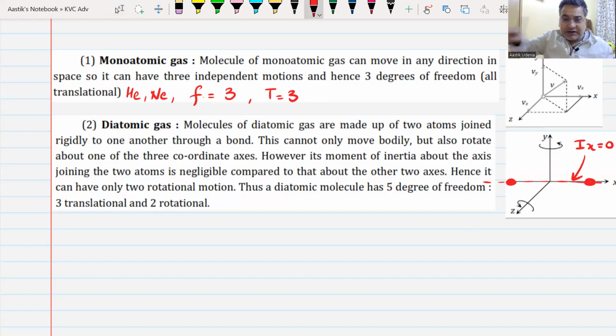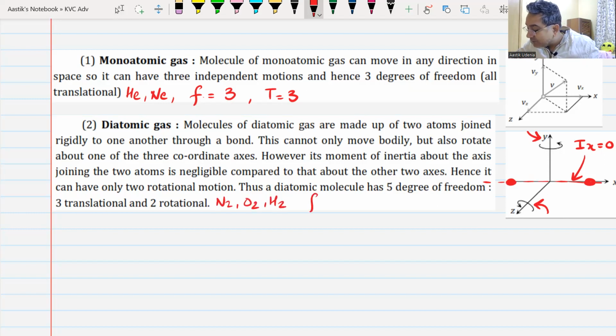So it cannot rotate about this axis because the moment of inertia is 0. But it can rotate about the y-axis and the z-axis, where it has a considerable moment of inertia, and therefore it will have 5 degrees of freedom. Any gas such as N2, O2, H2 and so on will have 5 degrees of freedom. Translational modes are 3 and rotational modes are 2.